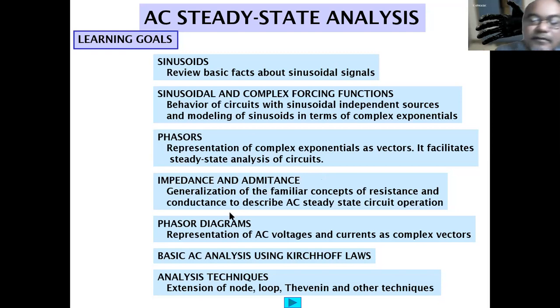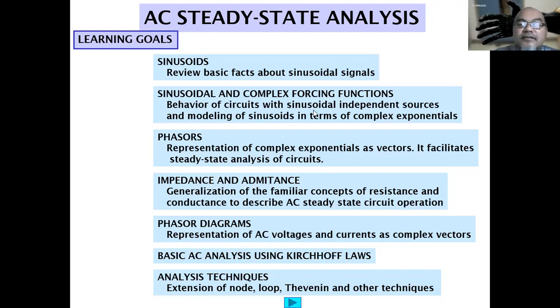After that, we will learn how to represent AC voltages and currents as complex vectors. First, you learn how to express them as sinusoidal signals, either AC voltages or AC currents, which contain the amplitude, the frequency, and the phase.